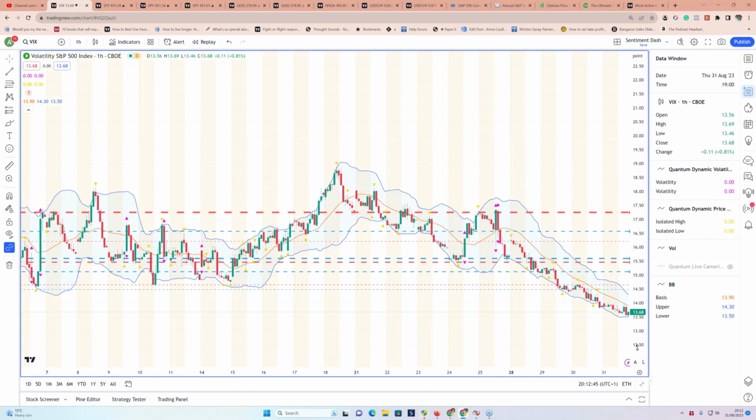Bollinger Bands are great for showing us those periods when a market is in congestion and it's going to be looking to break out. Now, clearly the VIX is not in congestion. It is falling.